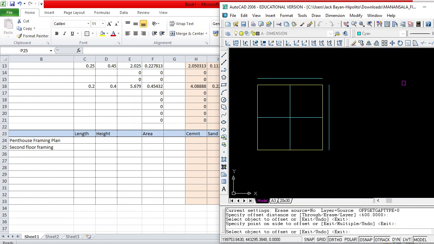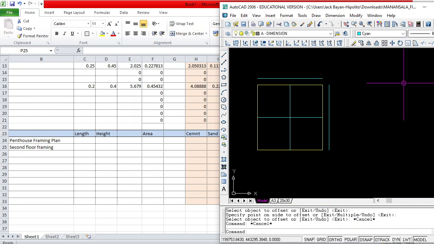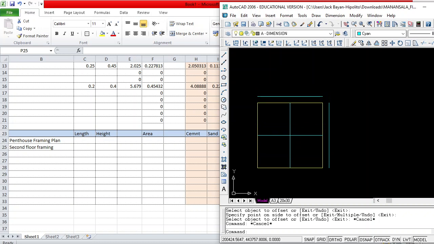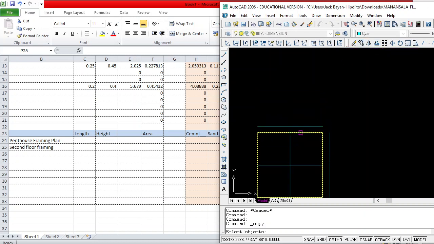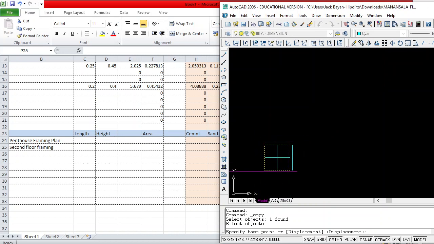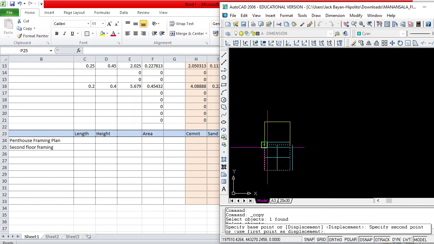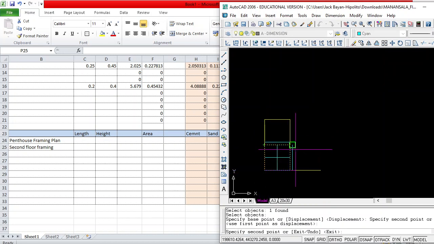Yung 600 pala, so sobra na. Okay? So, ibig sabihin, nakarating na siya sa kabila. Pag kinapi natin yan, kakapi ko yung isang 1 meter by 1 meter wall. Okay?